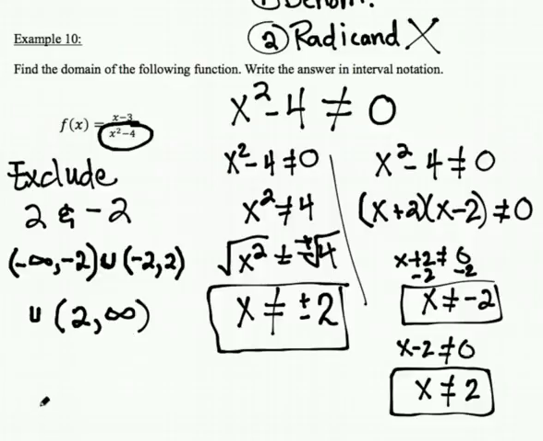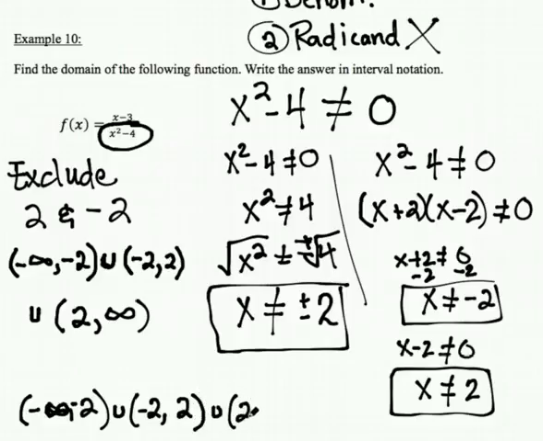So let me write that a little neater down here. That's everything from negative infinity up to negative 2, pick back up, negative 2 to 2 is the next cutoff, pick back up, 2 to infinity. So that is the domain of this function.